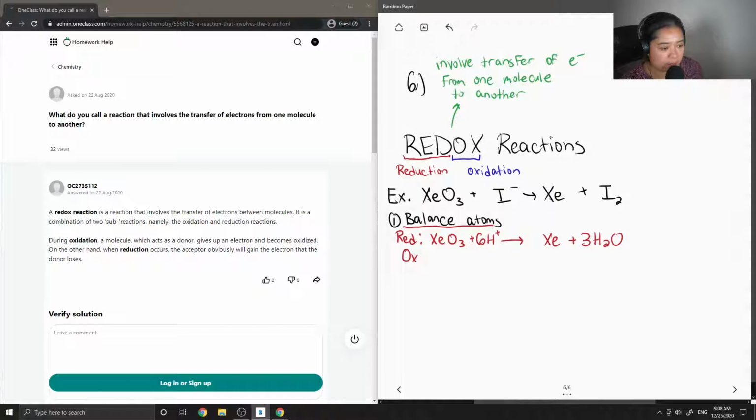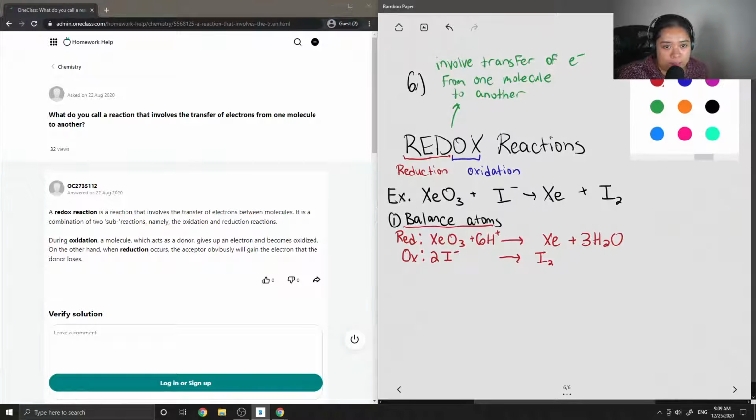Now I'll do the same thing for my oxidation. So we have this negatively charged iodine that forms I2. So basically we just need to add a 2 in front to make it balanced in terms of the atoms.